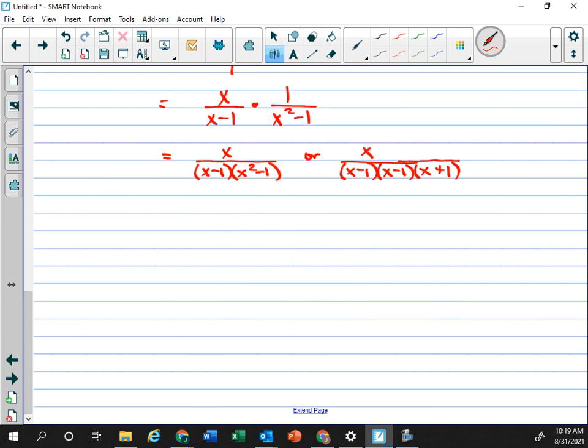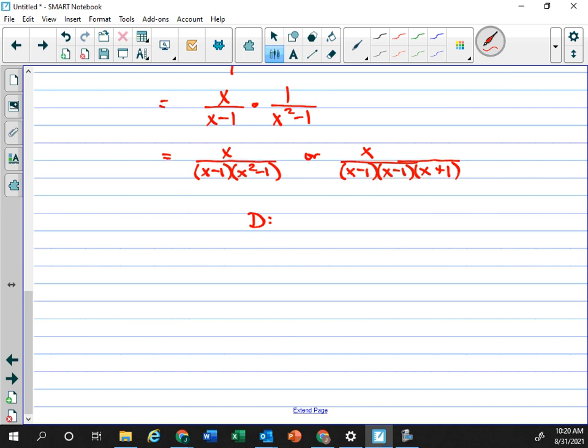And then I need the domain. Part of it is the same, but is there anything else that x can't equal? X can't equal -1.